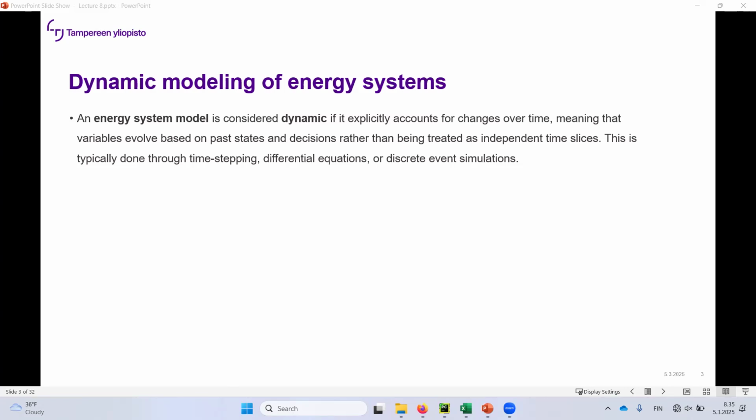Whatever happened in the past is going to affect the future, and no time step is treated as an independent time slice. This is typically done through time stepping. That's what we are doing in multiple courses. Whenever you have differential equations and you try to solve them numerically, you have these time steps, and what happens in the past affects the future. It's the same thing here.